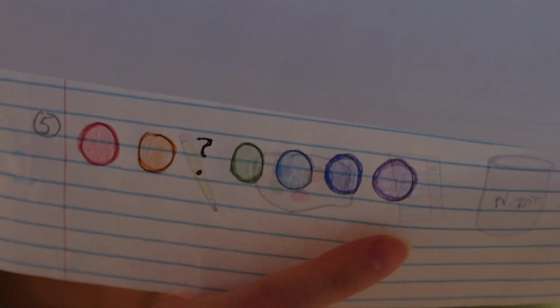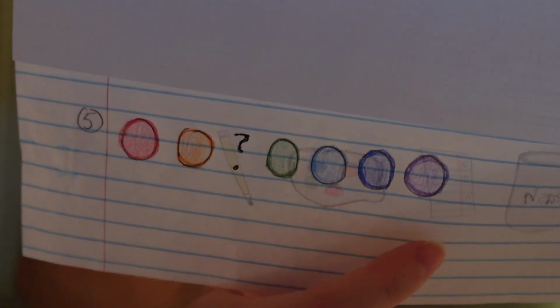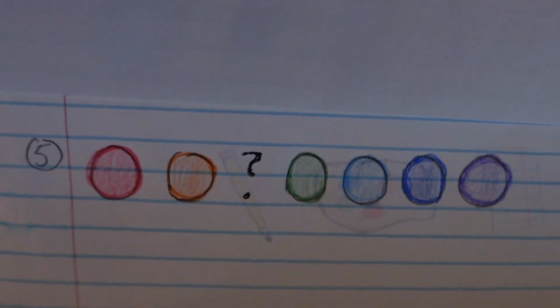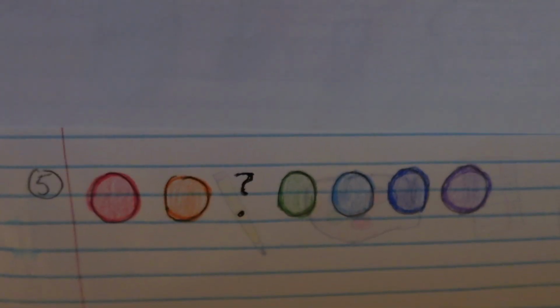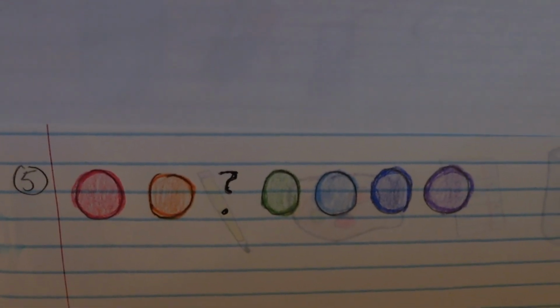Indigo. And violet. So what is missing? I'll give you a minute to think about it. You're doing such a great job on this IQ test. You are so smart.